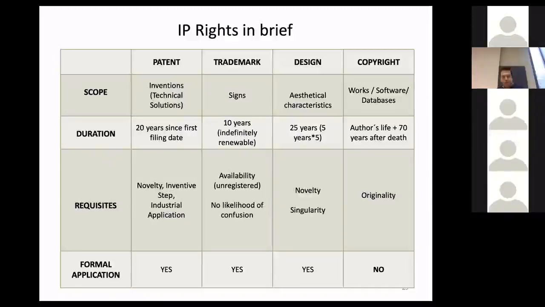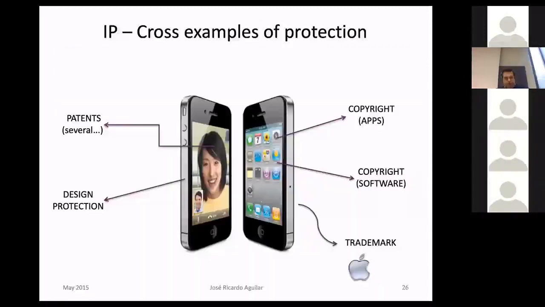So every 10 years, we have the chance to renew your trademark registration without any time limit. So it's a very, very important thing. And as we see here, these are the different families of IP rights that we can use.